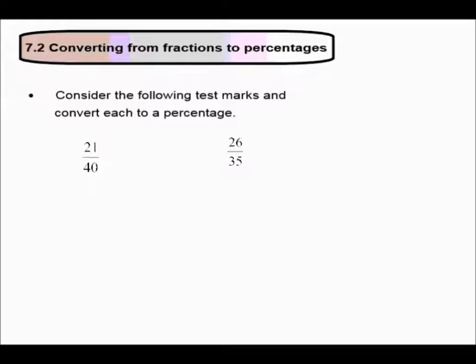Consider the following test marks and convert each to a percentage. Well, to convert a number to a percentage, we multiply by 100%. Right, the percentage sign does not form part of your calculation.